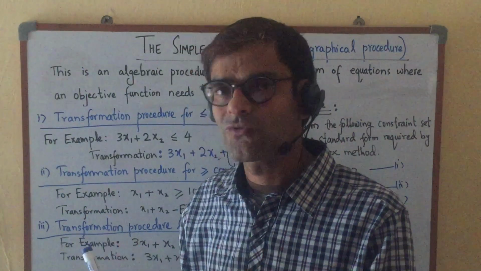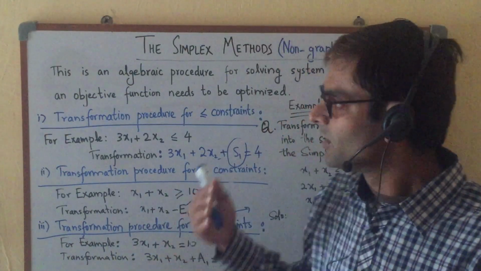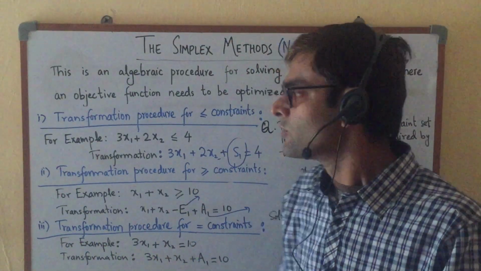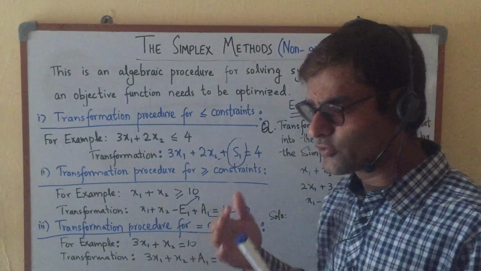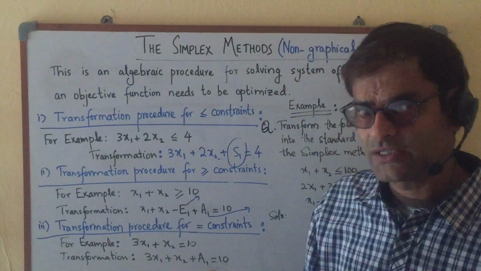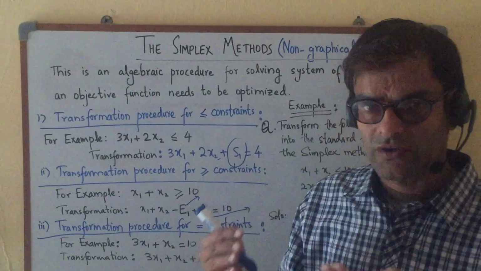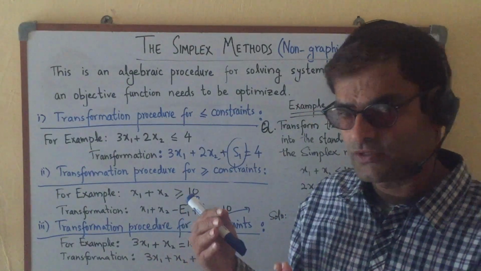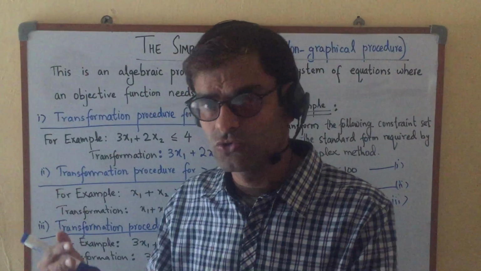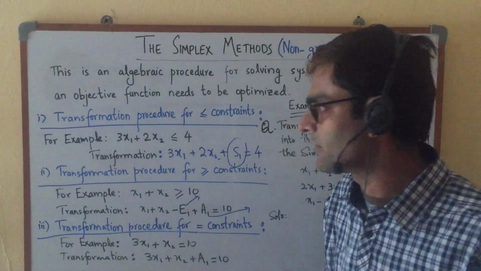Now we transform that set of constraints for the simplex method. So this lecture is based on how to transform a set of constraints into this method, the simplex method.